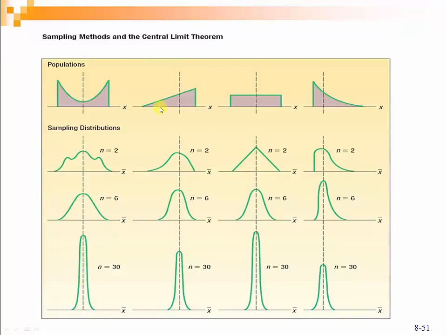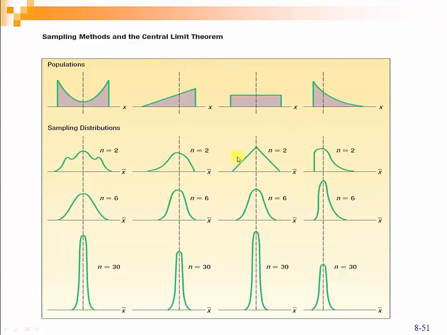Now, if our population was shaped like this, and we take two sampling distributions, it might look something like this. And then at 6 it might look closer to bell-shaped, and so on like this. Same for this distribution of the population and this distribution of the population.